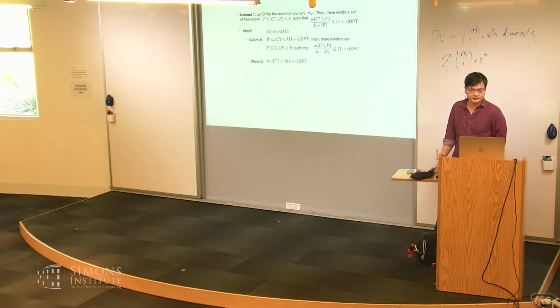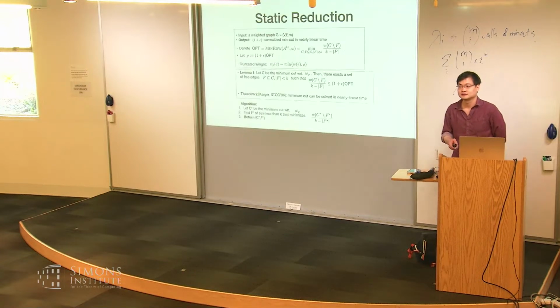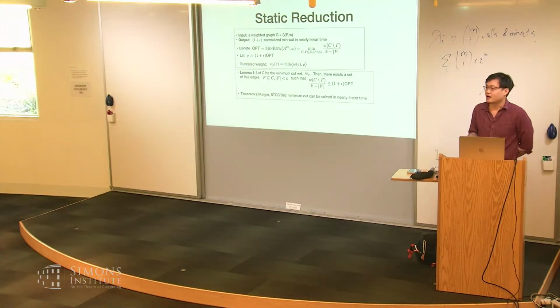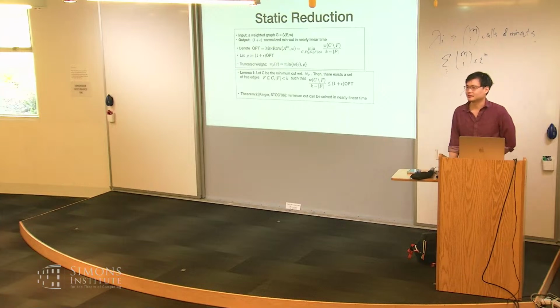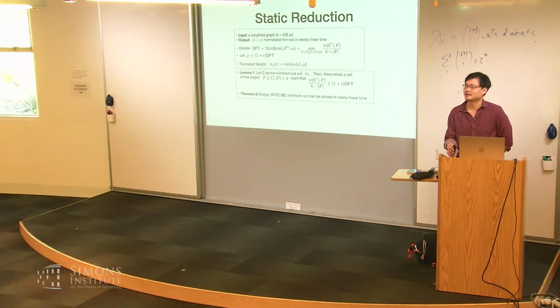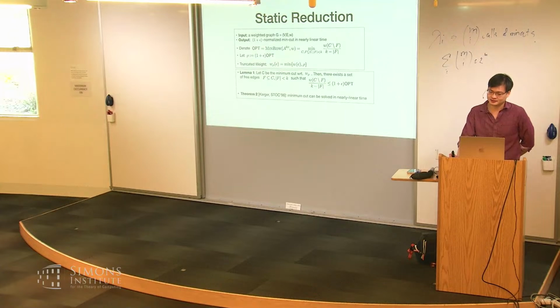Okay, so let's take a look. Does it imply anything for the min interdiction problem too? That's a great question, because there's a follow-up work where the technique that we use here solves an open problem in the interdiction problem as well: whether you can get the FPTAS for the general interdiction problem.